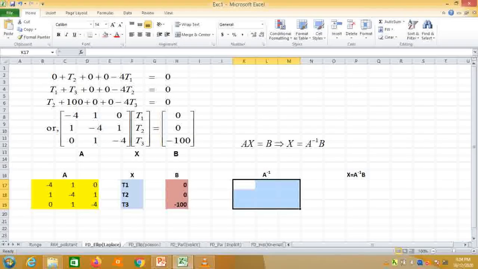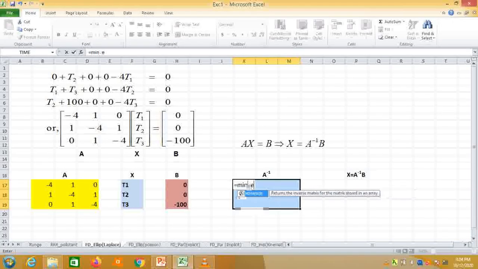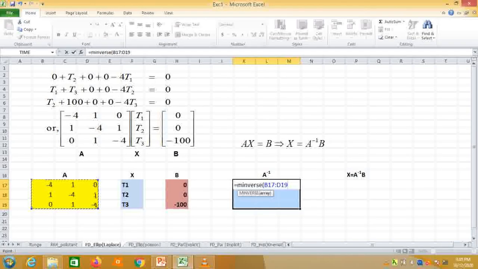So let's choose a 3 by 3 space, and then type equals MINVERSE, open the bracket, choose matrix A, close the bracket, and then press Control Shift Enter.